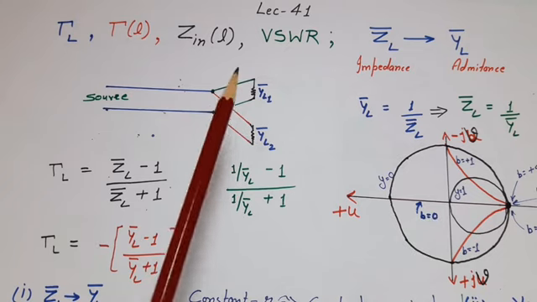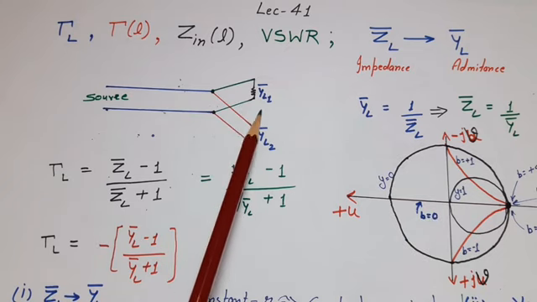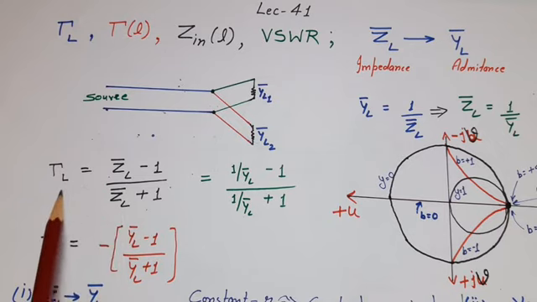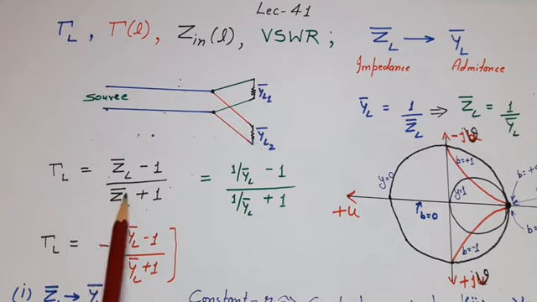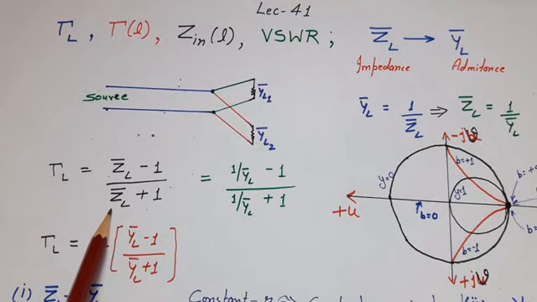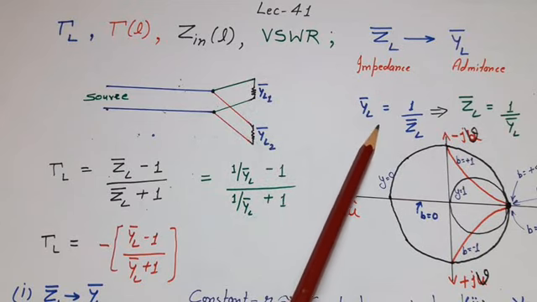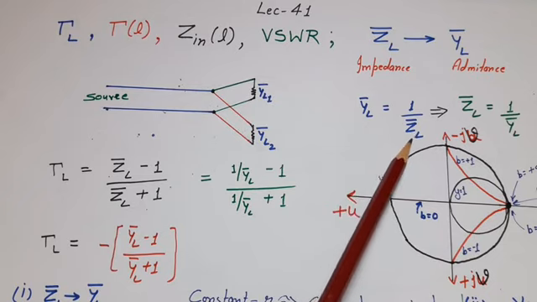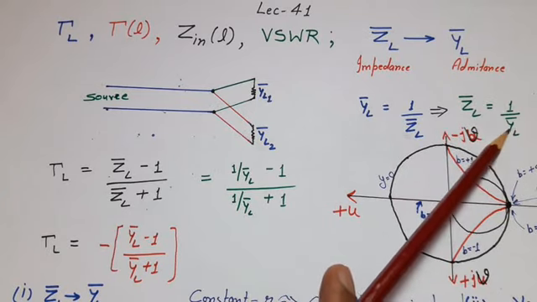So first of all, we see what happens when we convert a normalized load impedance expression in terms of normalized load admittance expression. For this we take gamma L is equal to (ZL bar minus 1) divided by (ZL bar plus 1). Now as we know, normalized load admittance represented by YL bar is equal to inverse of normalized load impedance, that is 1 upon ZL bar. From here ZL bar is equal to 1 upon YL bar.